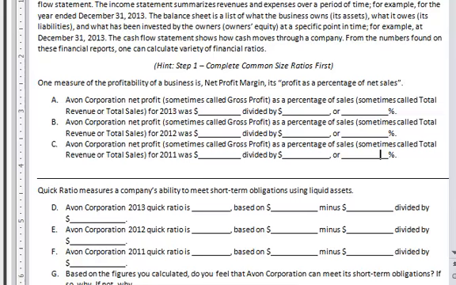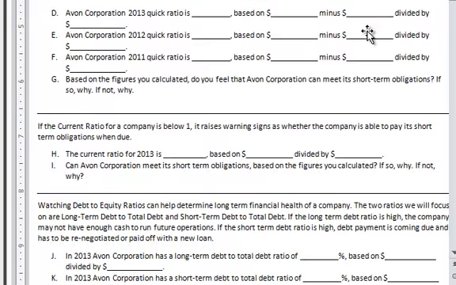So as you're working on the other items, refer back to this document on the left to help you remember where to find the information you need. And then as you get to the bottom of each section, it will ask you questions, and I want your input. This question, for example, based on the figures you calculated, do you feel that Avon Corporation can meet its short-term obligations?